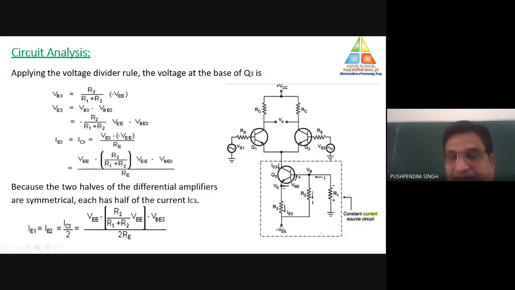Source of supply multiplied by the opposite side resistance, which is R1, divided by the total resistance of the circuit. So VB3 is equal to minus VEE into R1 divided by R1 plus R2. That is the value of VB3.